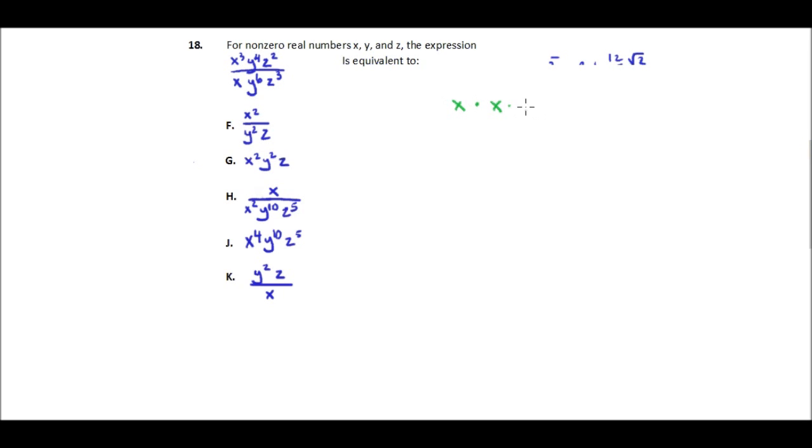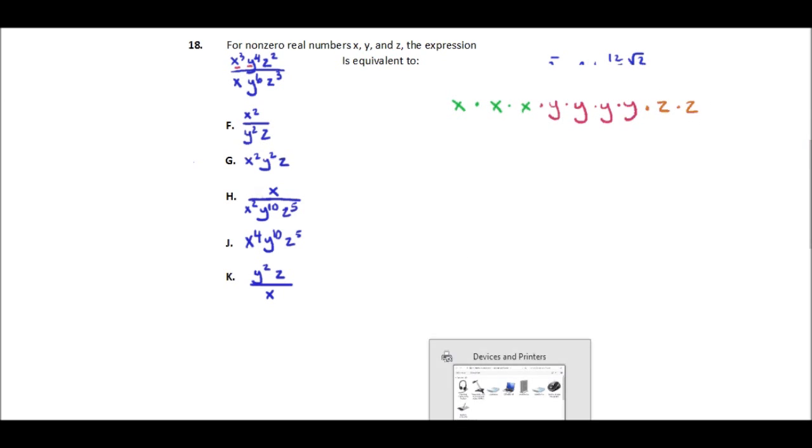So I've got x times x times x, and then I've got 4 y's, so that's times y times y times y times y. And again, I'm just doing the top here, so I've done x and I've done y, and I'm going to do z. So then that's times z, right? Because I've got 3 x's on top, 4 y's on top, and 2 z's on top.